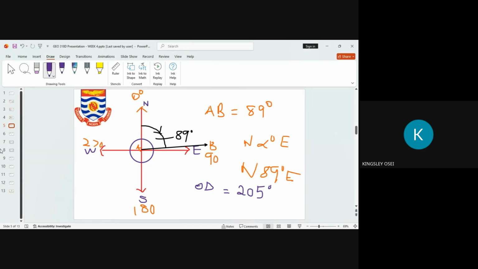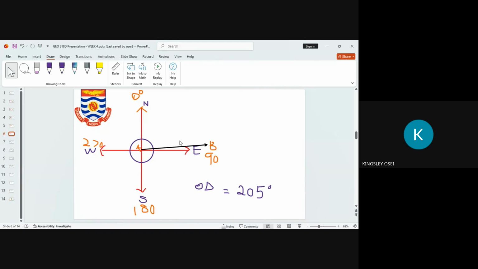So let's duplicate again and then see how we edit clean to work on that. So we are done with this one. All right, so we are looking at OD. It's 205.